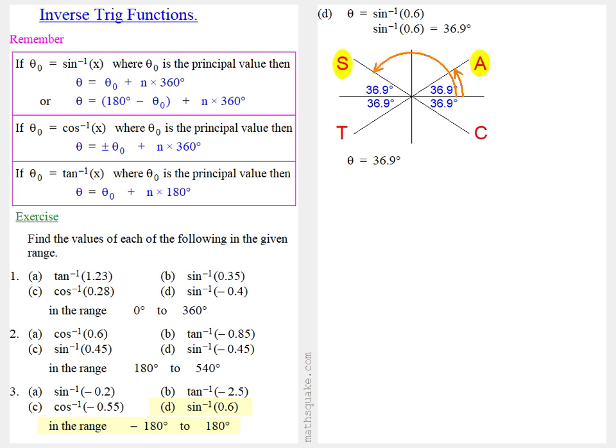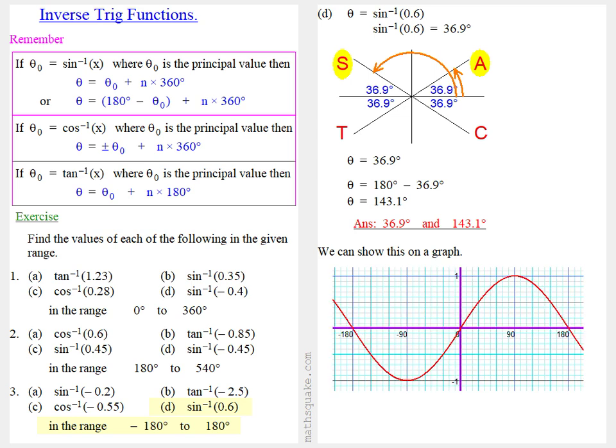To get to S, we have to go anti-clockwise 180 minus 36.9 degrees, and so theta could be 143.1 degrees. So we have two possible solutions, 36.9 degrees or 143.1 degrees.